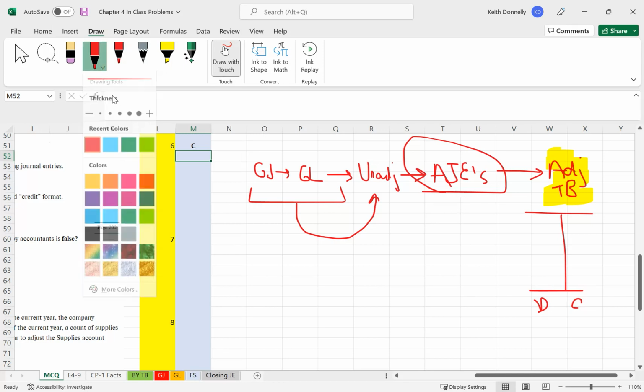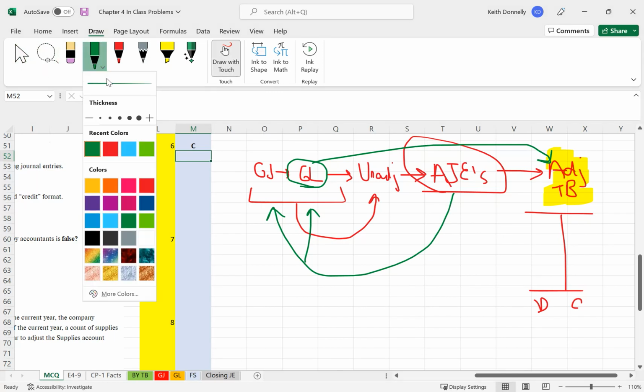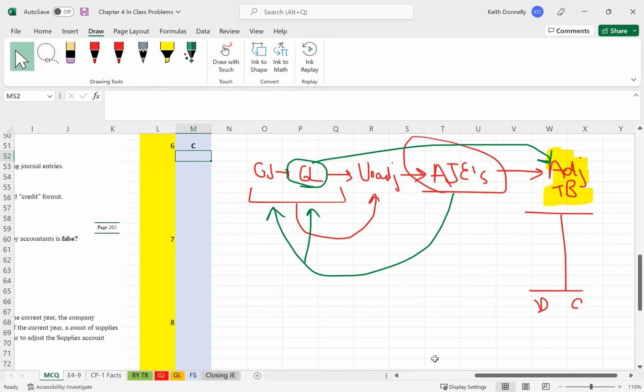Afterwards, you would update your general journal and general ledger for your AJEs, and at that point in time, you'd get your updated general ledger T accounts where you can create an adjusted trial balance. We'll see this as we go through. The main difference is an adjusted versus an unadjusted trial balance. This one is beforehand. This one is after. It's adjusted. We've made the adjusting journal entries.